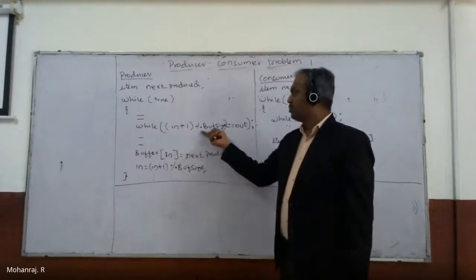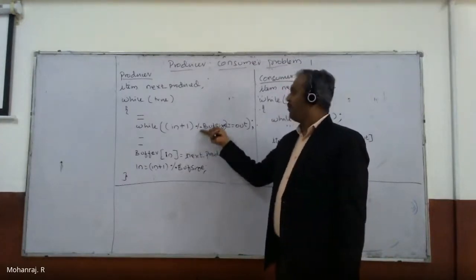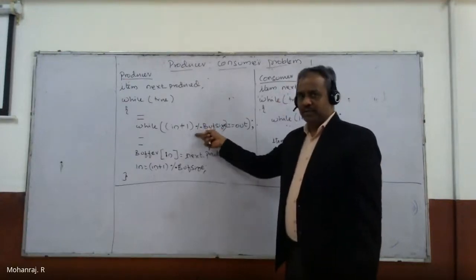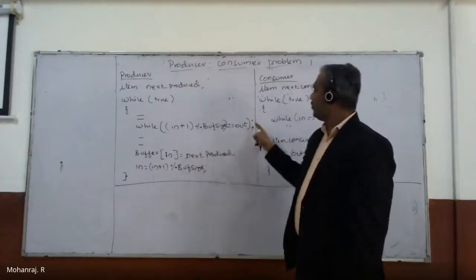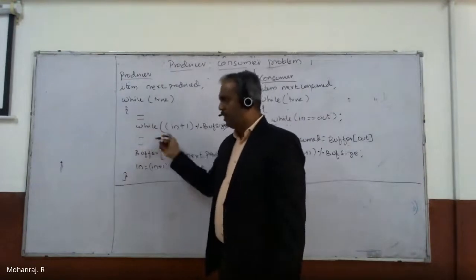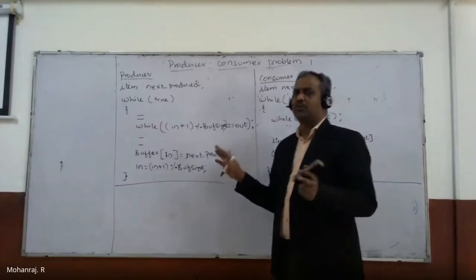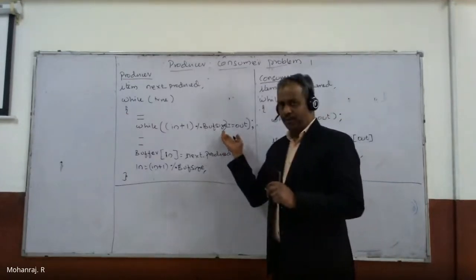The execution won't go beyond this line. Only upon finding the condition fails will the execution come out. That's why we have kept a semicolon. In books you can find that putting a semicolon here means do nothing. We are not going to have any body for this while loop.